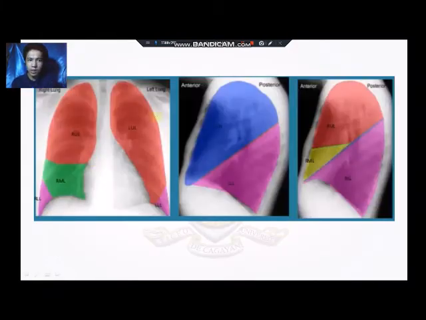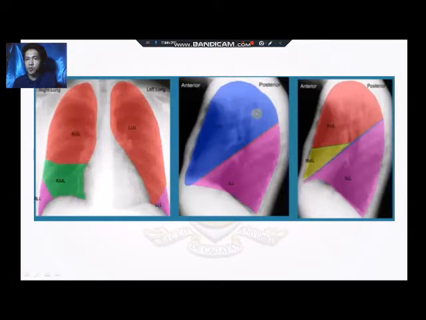Okay, so going back to your human anatomy, the right lung has three main lobes: the superior, the middle, and the inferior. For the left lung, we have only two lobes: the upper or superior lobe, and the inferior lobe. It has no middle lobe.